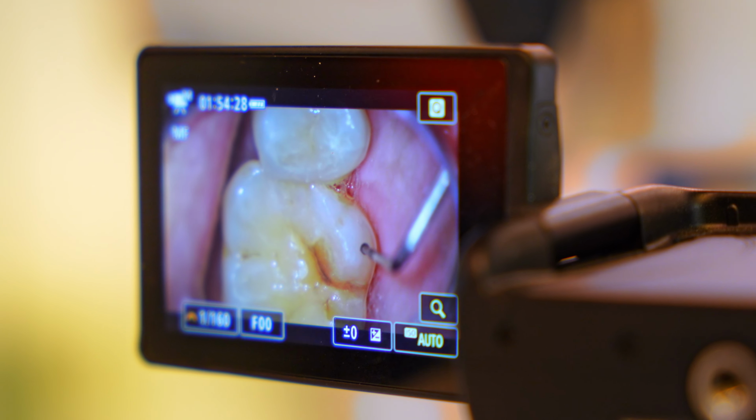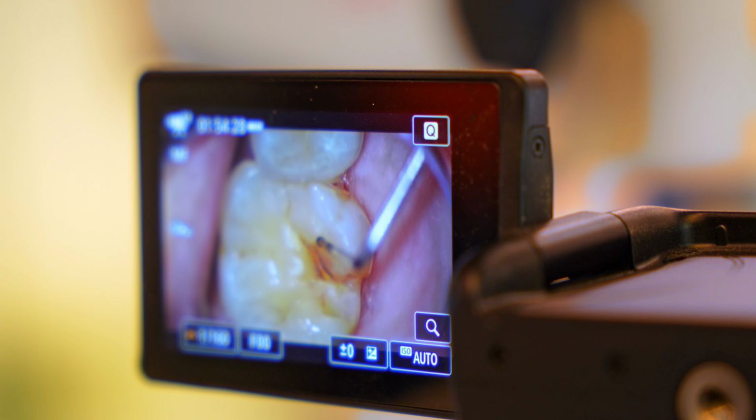In root canal treatments, the root canal is such a small part of your body that we have to dive into and do so much work in there, and you really can't see much with your naked eye. So a microscope really aids in that. It helps in locating cracks.